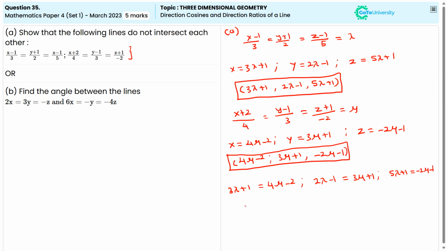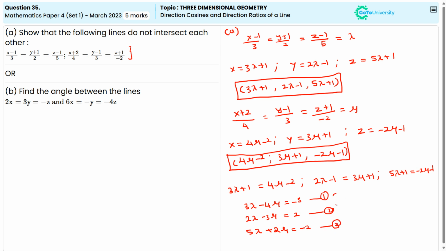Now we write 3 lambda minus 4 mu equal to minus 3. So this is equation number 1. And the second one, 2 lambda minus 3 mu equal to 2. So this is equation number 2. And the third one, 5 lambda plus 2 mu equal to minus 2. This is equation number 3.